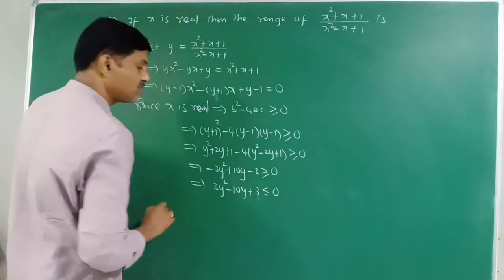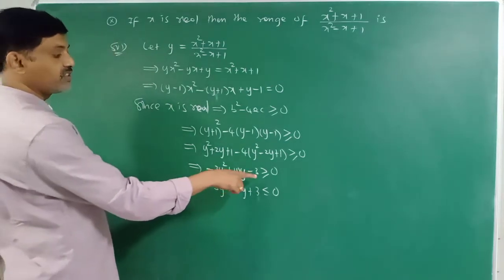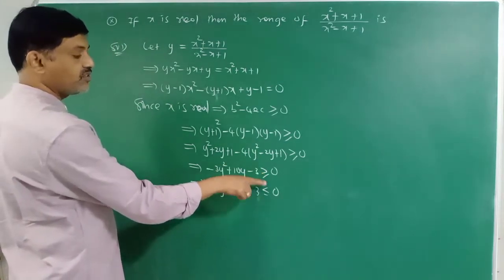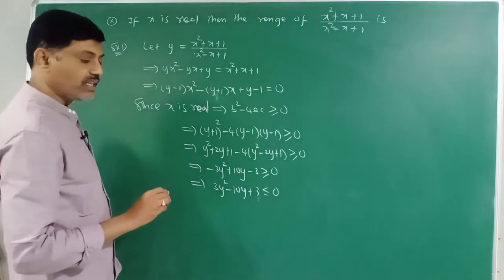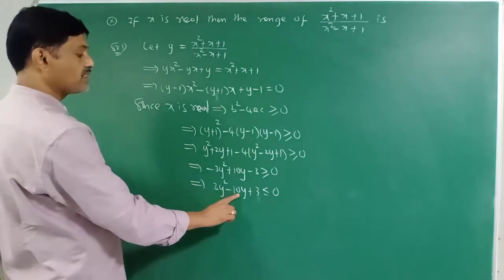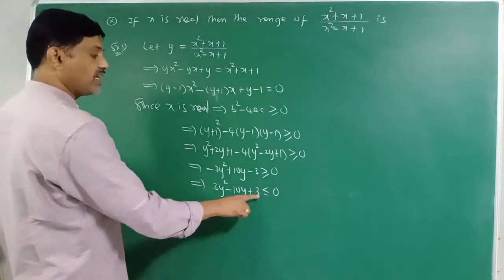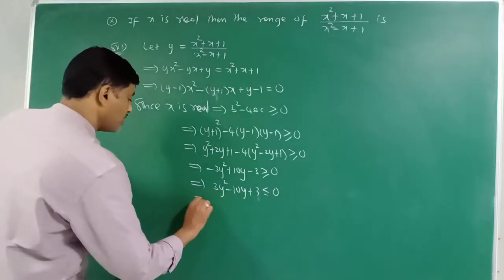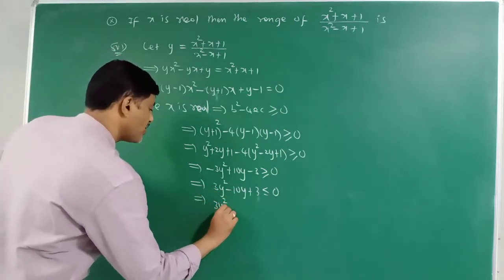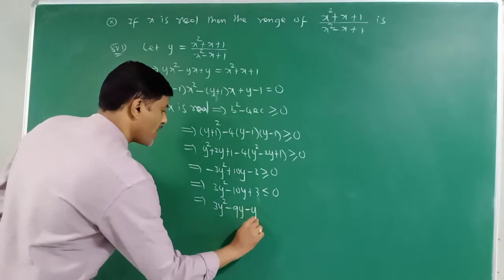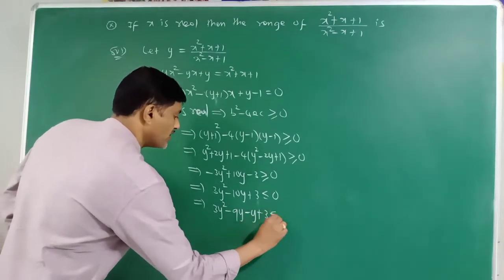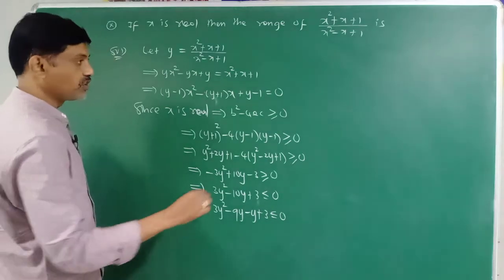When we multiply with minus, the inequality will be changed. It is greater, no? So here we got less than: 3y square minus 10y plus 3 less than or equal to 0. 3 threes are 9, 9 plus 1 is 10. Here the factors: 3y square minus 9y minus y plus 3 less than or equal to 0.